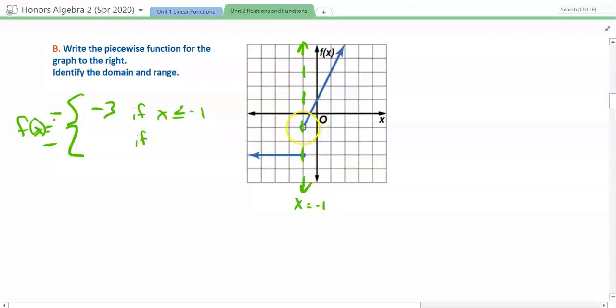Our second piece is from here, and it's x being greater than, because I'm to the right of this green line, and it's not going to be equal to because we're a circle, not a dot. And so I've got to figure out this -1 here. I've got to figure out the slope and y-intercept. Well, the slope goes from here to here, so that's up to right 1. So I've got a positive 2x, and my y-intercept is at 1.